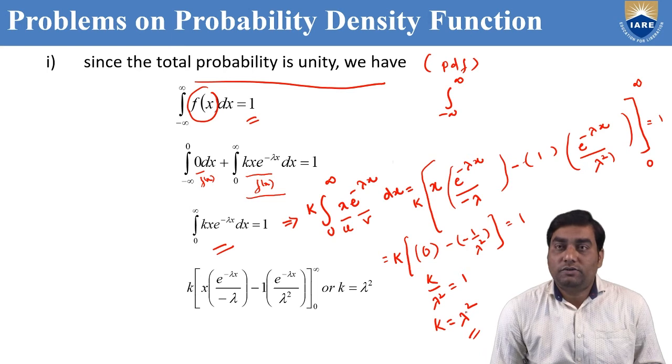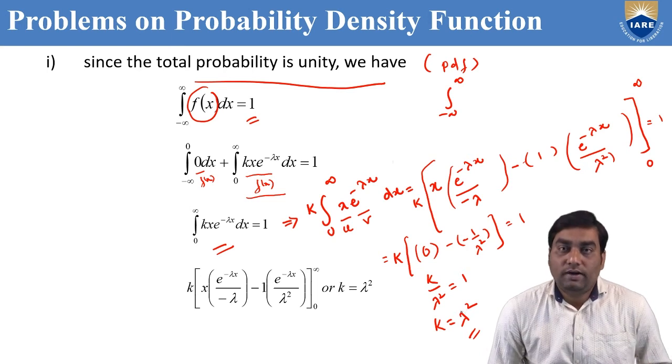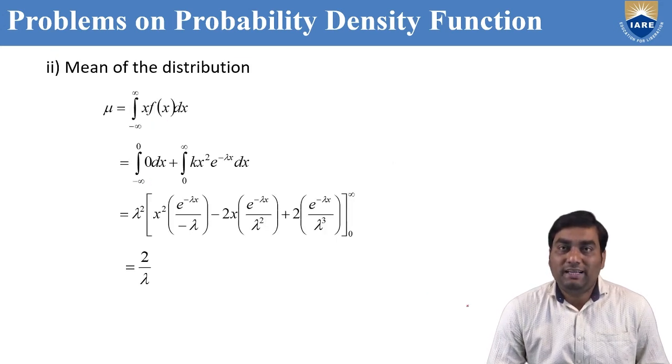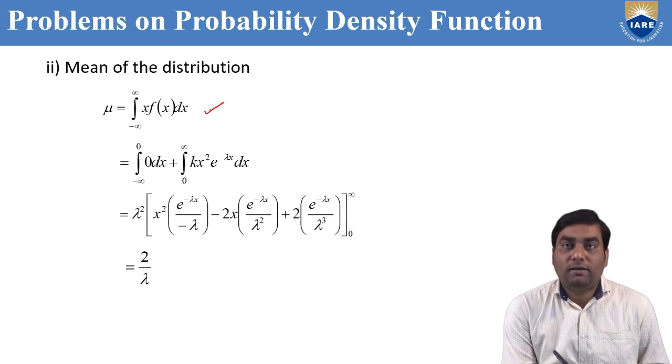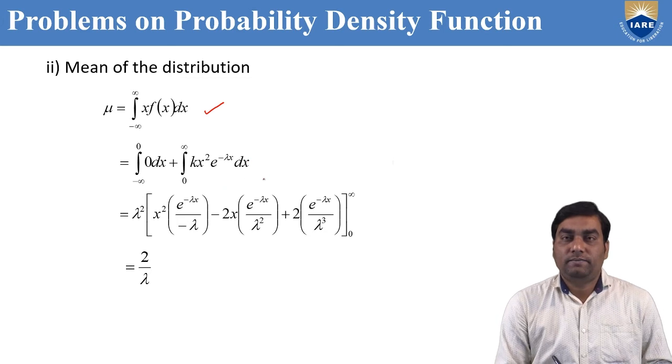I think you understood very clearly how to find the k value by using the probability density function formula. After getting k, we need to find the mean and variance also. Mean formula: integral minus infinity to infinity x into f of x dx.